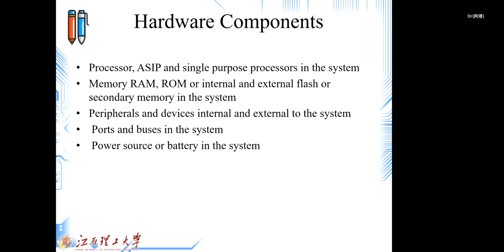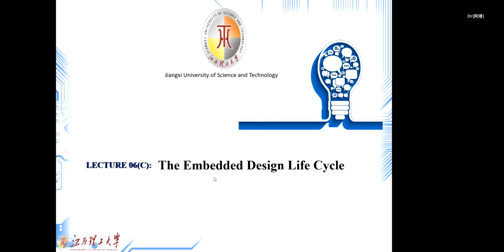We have hardware components also, which use the processor, ASIP, and single purpose processor in the system. We have memory, RAM and ROM, or internal, external flash, or secondary memory in the system, peripherals and devices internal and external, ports and buses in the system, power source or battery in the system.